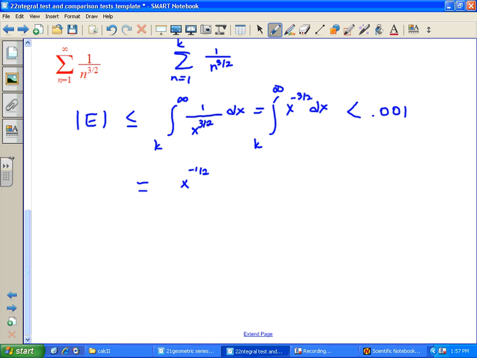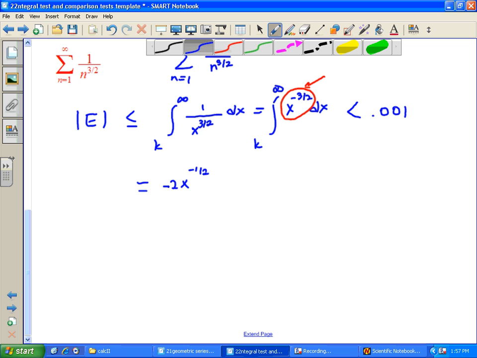I'm anti-differentiating this function here. What is the antiderivative of it once again? Add 1 to the power, x to the negative a half, divide by that power, which is division by negative a half. That means multiply by negative 2. And the limits are from k to infinity. Any questions about my antiderivative here? Any questions?